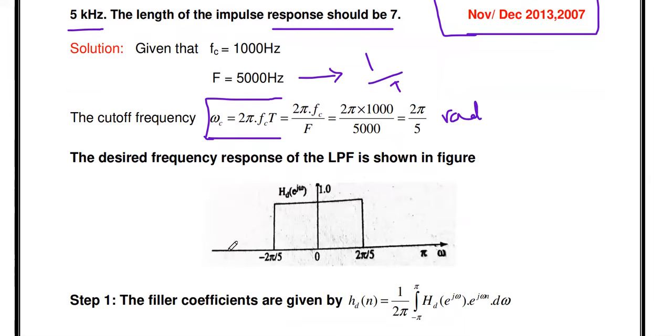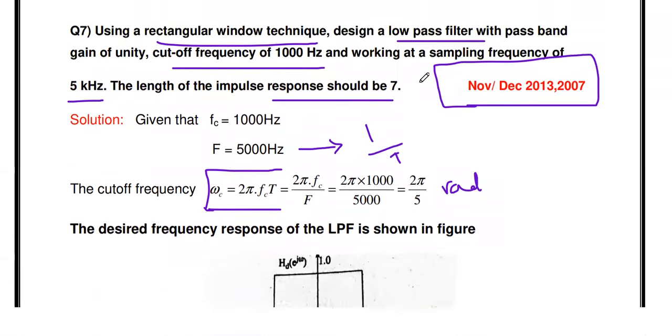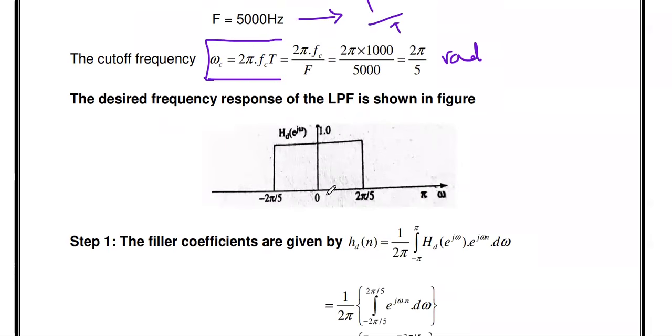Now we can draw the frequency response. In the problem they gave us a low pass filter, which allows the frequencies from 0 to the cutoff frequency. Here the cutoff frequency is 2 pi by 5, so between 2 pi by 5 and pi it is the stop band, and this is the pass band.